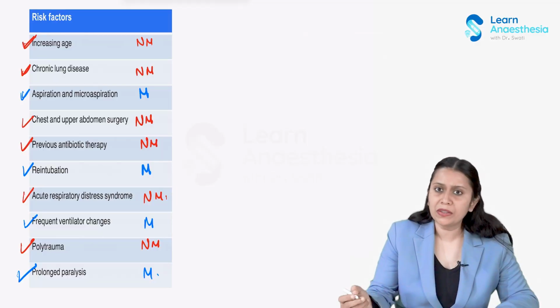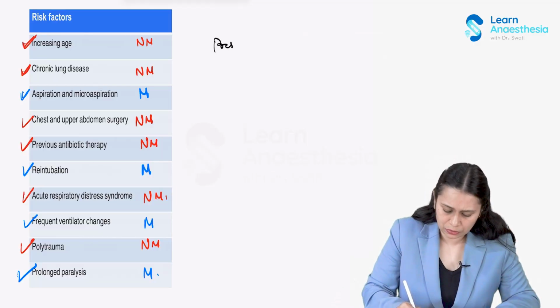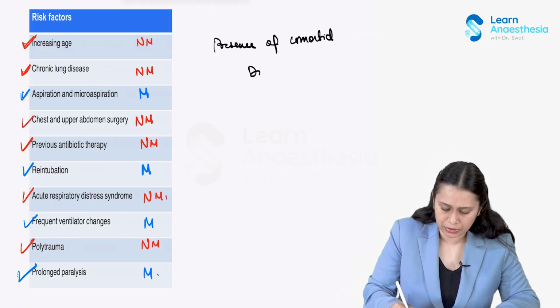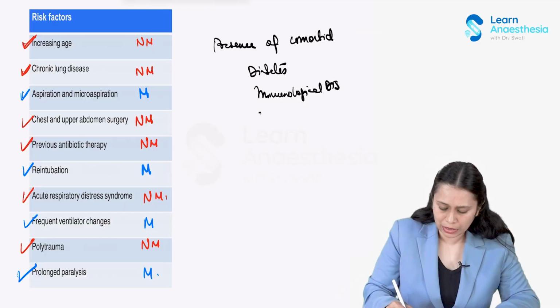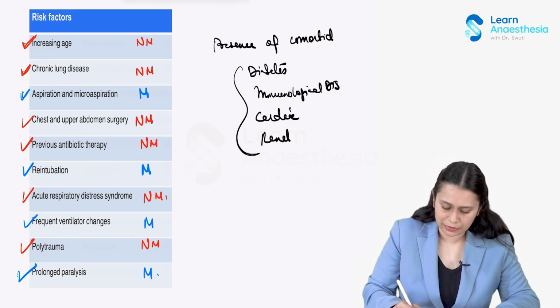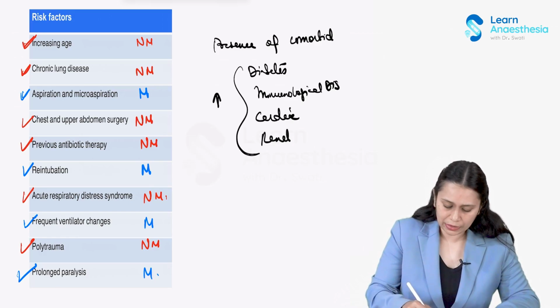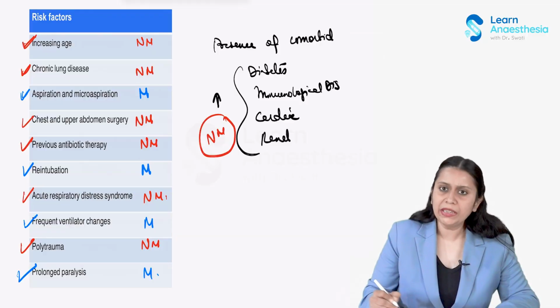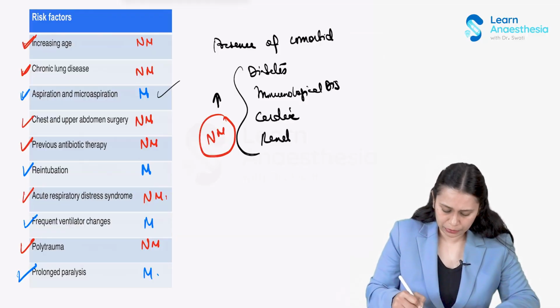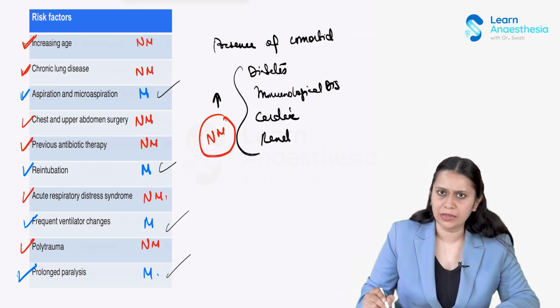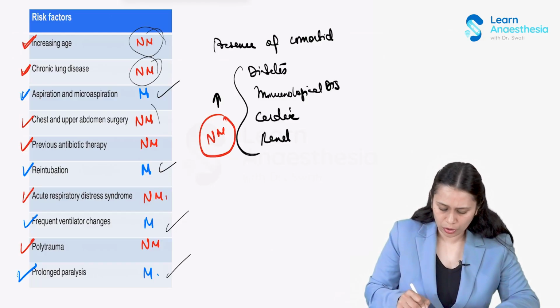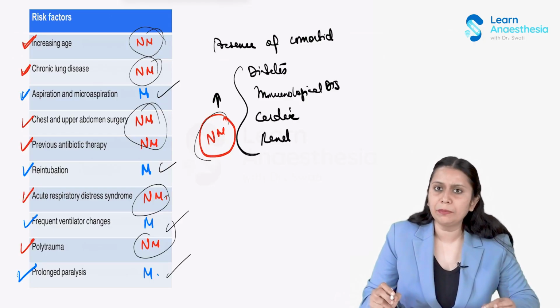Apart from this, presence of comorbid conditions like diabetes, immunological diseases, cardiac disease or renal disease would increase the incidence of VAP. So this is again a non-modifiable factor. So we need to identify the modifiable factors and modify them to reduce the incidence of VAP, and we need to identify the non-modifiable factors and identify the patient with high risk of VAP to manage them.